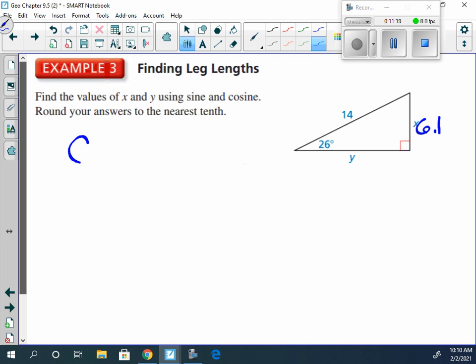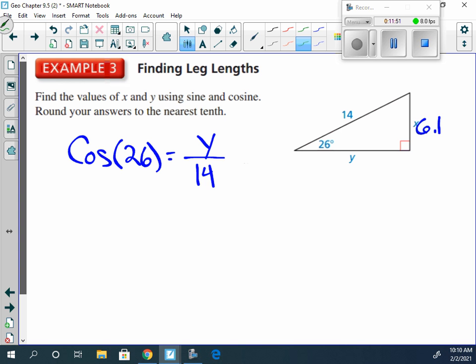So I can say cosine of 26 degrees is equal to adjacent over the hypotenuse, y over 14. So really, using sine and cosine is going to depend on what we are given or what we are looking for. Any questions on this here?